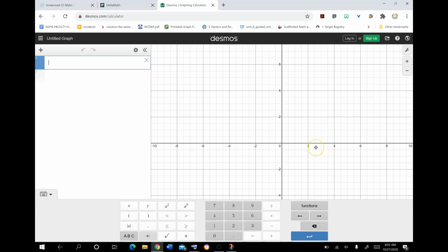All right, we're going to type the first one in. The first one was y equals x cubed plus 12x squared plus 47x plus 65. Oh, I messed up. 12x squared plus 47x plus 65. I need to know if it crosses at positive 5.